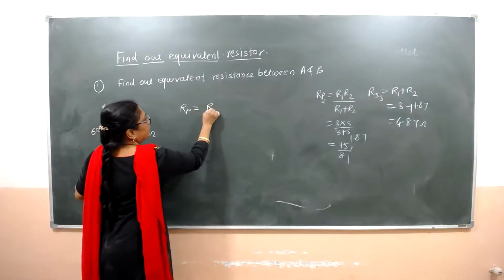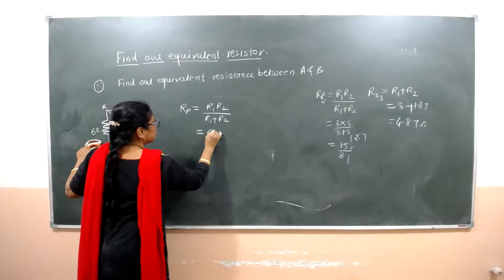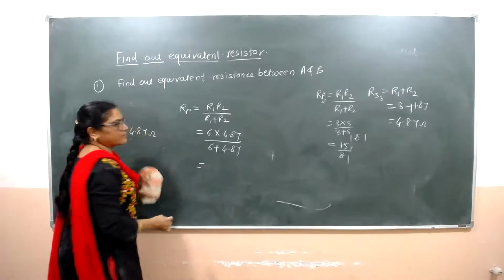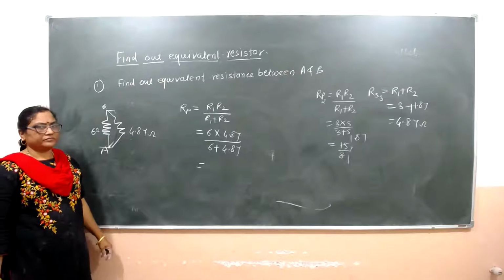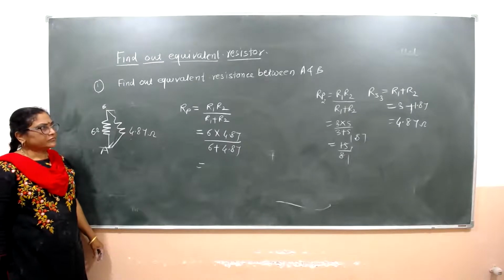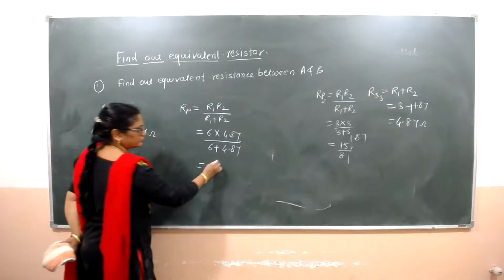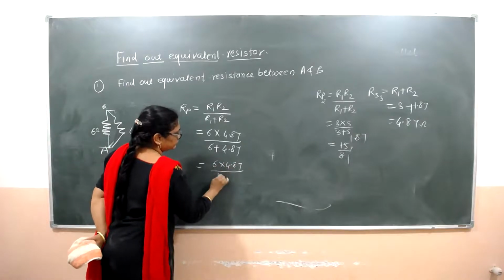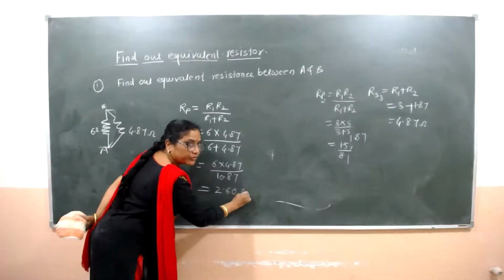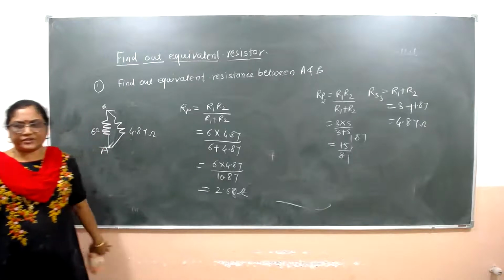Rp is equal to R1 R2 divided by R1 plus R2, which is 6 into 4.87 divided by 6 plus 4.87, that is 6 into 4.87 divided by 10.87. The answer is 2.68.